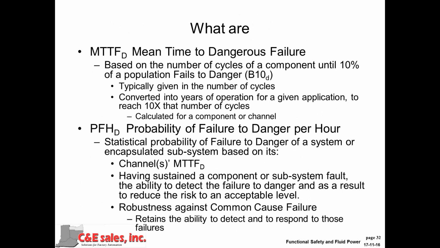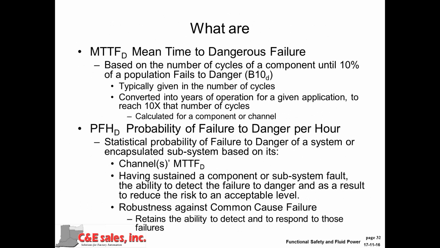The way this is calculated is the manufacturer does a test of multiple devices, and when 10% of those devices have either failed or failed to danger, in our case, we'd like to have it fail to danger, so we understand what that mechanism is, then those number of cycles are used in a calculation that converts the number of cycles that it takes to reach 10 times that value. How long does it take to reach that number of cycles in our application?